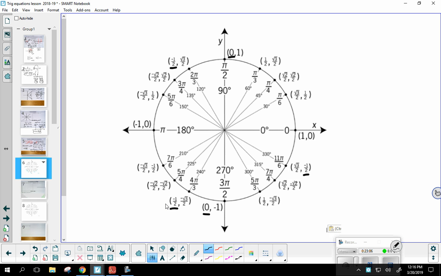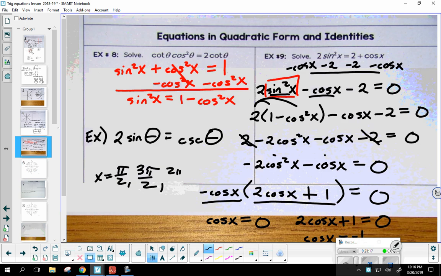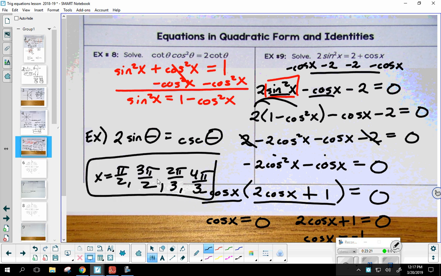Why wouldn't that count? That's the y value. Remember, we're looking for cosine, not sine. So I'm also going to add 2 pi over 3 and 4 pi over 3. Those would be my solutions. Every one of those would make the original statement true if I were to plug in.